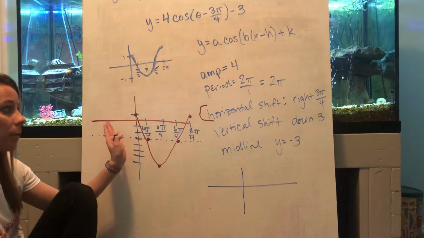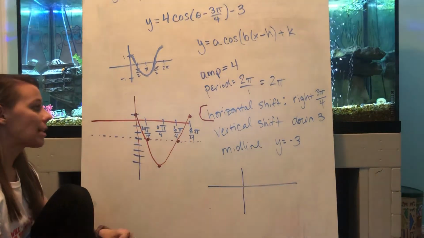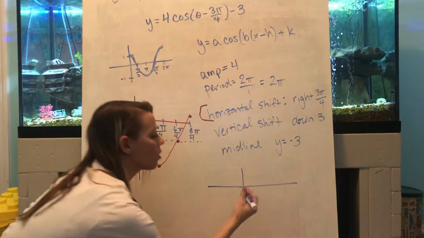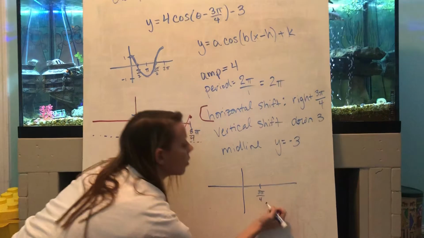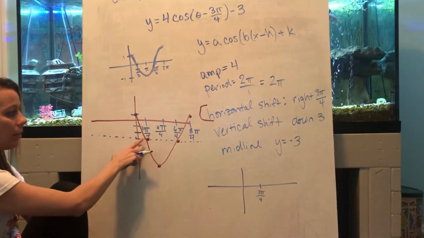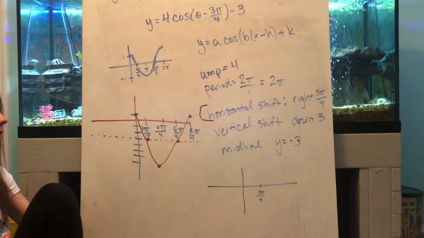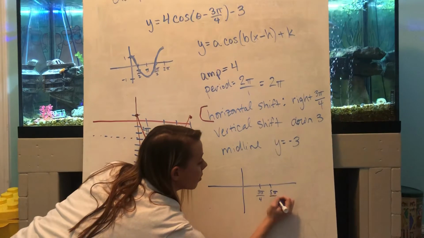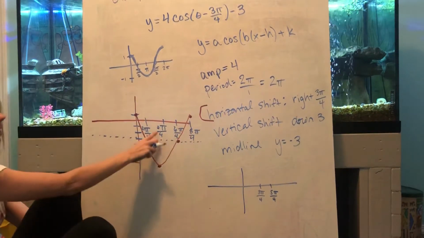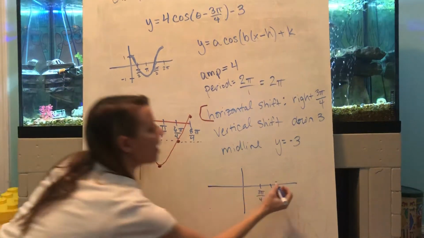Okay, so our first point, I'm adding 3 pi over 4 to it. So I was at 0, but I'm actually going to start at 3 pi over 4. Okay, my next point, it was at 2 pi over 4. I need to add 3 pi over 4, so now I'm at 5 pi over 4. I was at 4 pi over 4, add 3 pi over 4, I'm now at 7 pi over 4.